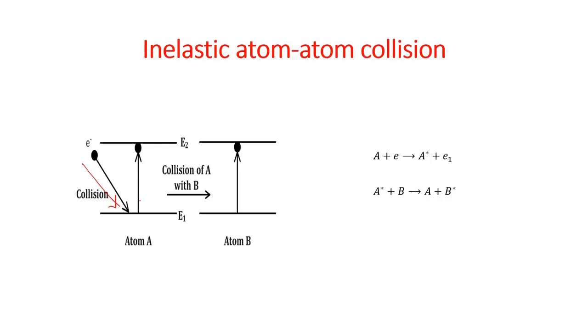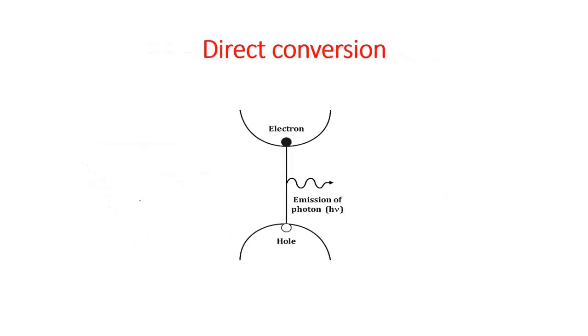The excited atom A star collides with another gaseous atom B and brings the atom B to the excited state. Hence, atom A loses energy and returns to the lower state, that is A star plus B, which gives A plus B star. The inelastic atom-atom collision is used in helium neon and carbon dioxide lasers.